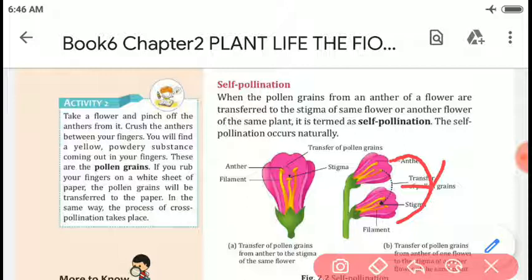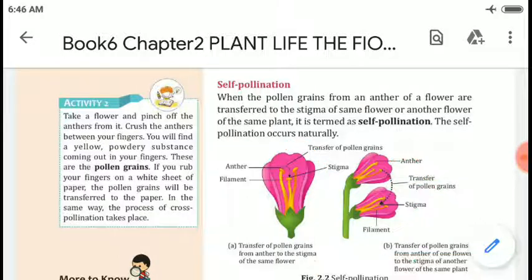In this case, it is transferring to another flower of the same plant. In this case, pollen grains are being transferred from anther to stigma of the same flower. This process is known as self-pollination.